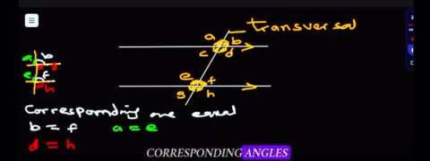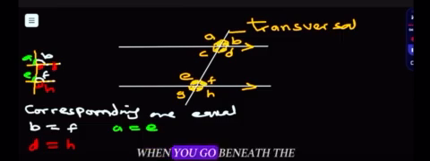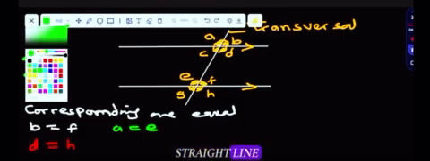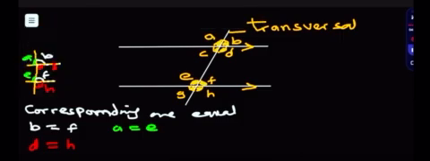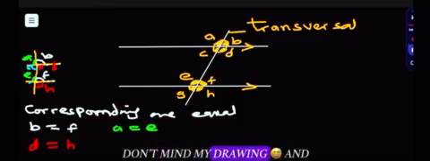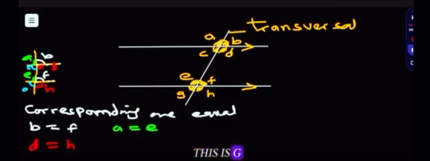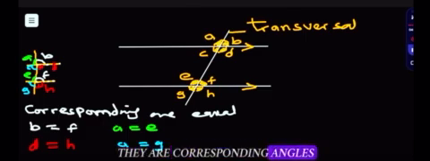They are corresponding angles. When you go beneath the straight line, this is C, and this is G. You get to know that C is equal to G. Why? Corresponding angles.